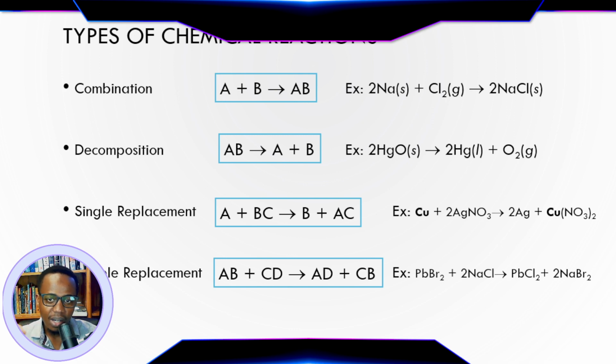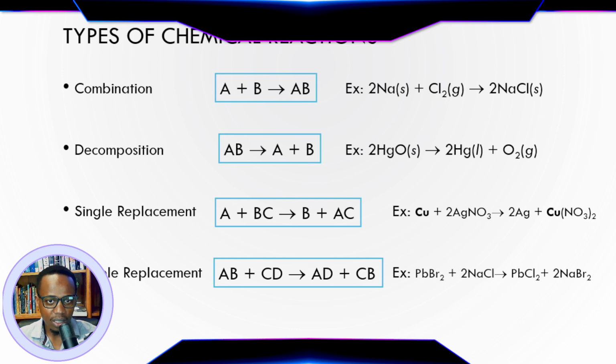Now, I'll tell you right now, there are many types of chemical reactions, but I'm going to show you 8, and we will mainly focus on 6. I'll tell you that there are many more. These are the most common ones that we see in nature.